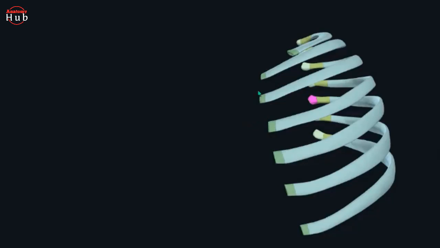So as a part of the bony thorax, the ribs actually protect the internal thoracic organs. They also have a role in breathing.